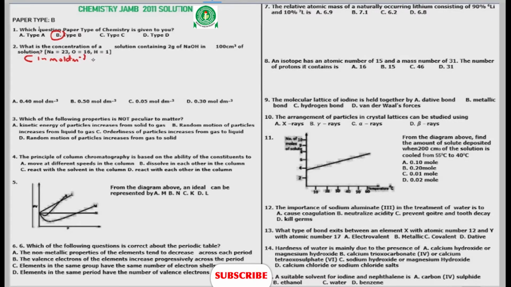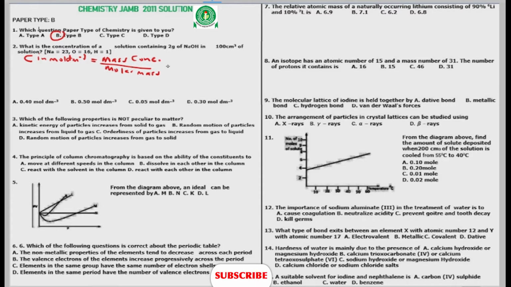Concentration in mole per dm cube is given as mass concentration all over molar mass. So this is the formula for calculating concentration in mole per dm cube.